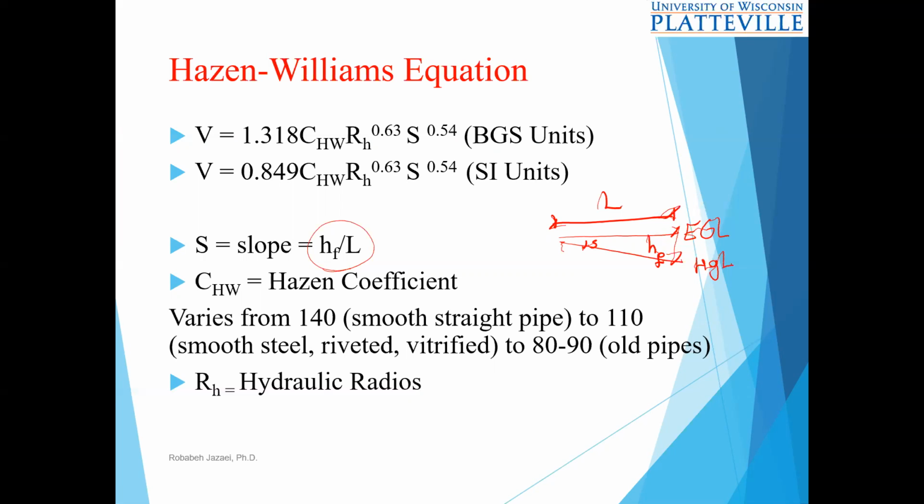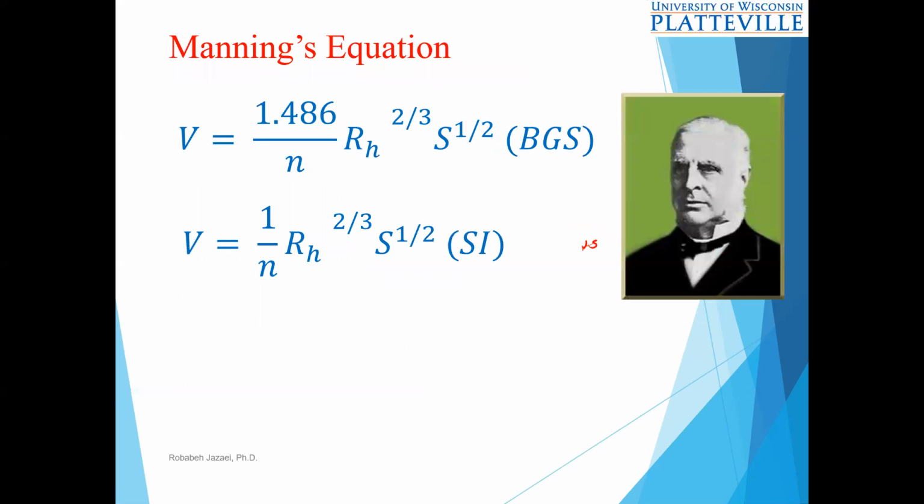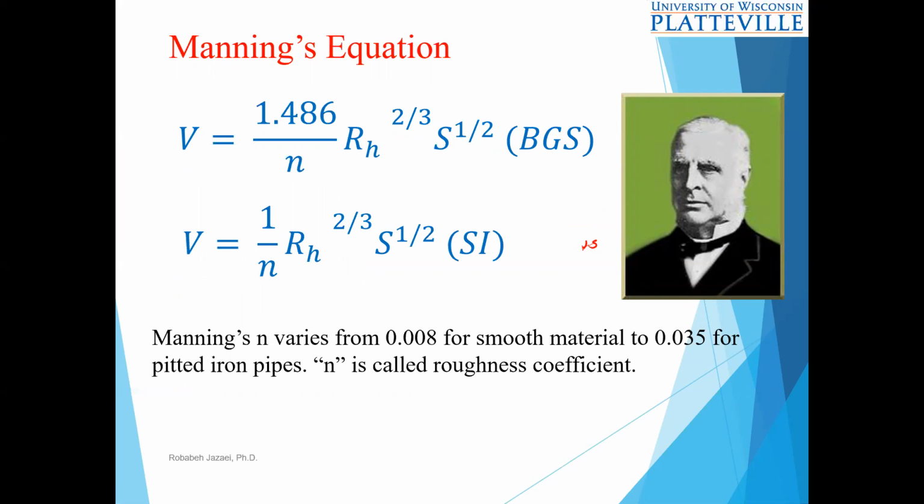All right, let's introduce the second equation that is widely used in industry and also on the FE exam. It's the Manning equation to find the velocity. Anytime you find the velocity, it's easy to find flow: you just multiply velocity by area.